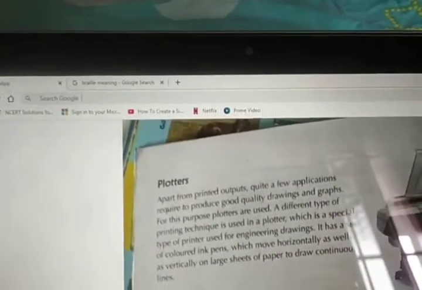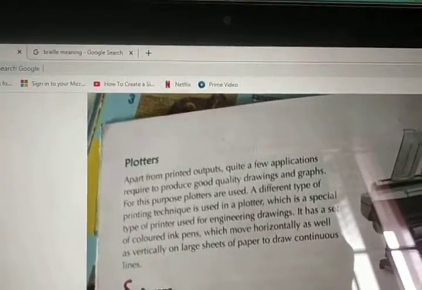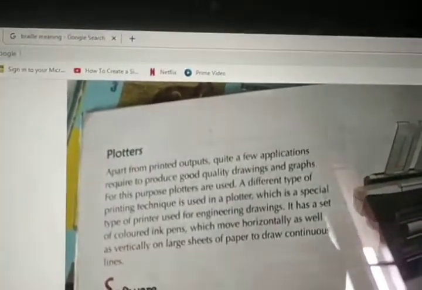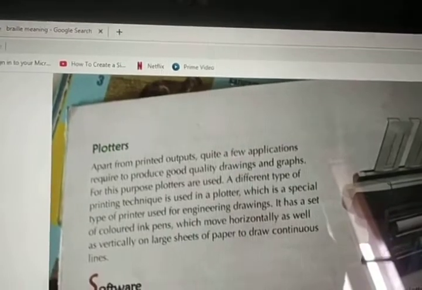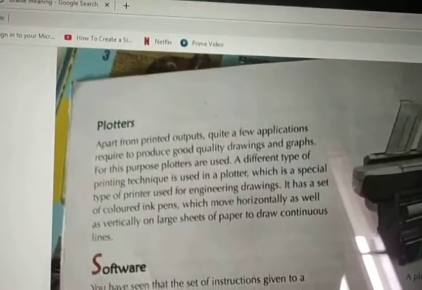It has a set of colored ink pens. Here it is not like the nozzles used in laser and inkjet. Here you have something called an ink pen.